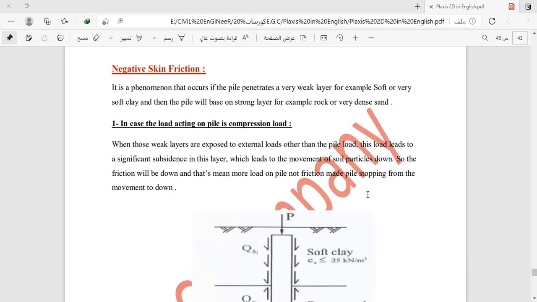In negative skin friction we will have two cases. My first case is when the load acting on the pile is a compression load. When these weak layers are exposed to external loads other than the pile load, this load leads to significant subsidence in this layer, which leads to the movement of the soil particles down.